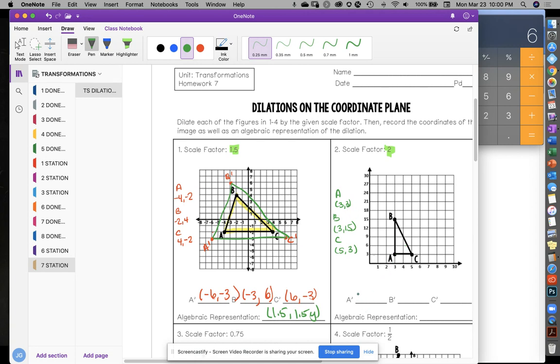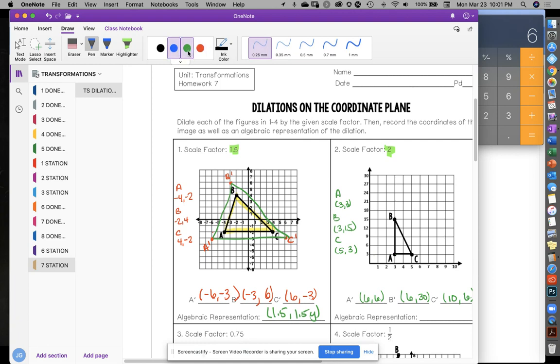So I know my A prime, 3 and 3, is going to give me 6 and 6, multiplying both of those by 2. My B, 3 times 2 would give me 6. 15 times 2 would give me 30. And then for my C, 5 times 2 is going to give me 10, and 3 times 2 is going to give me 6. So there's my new coordinates.